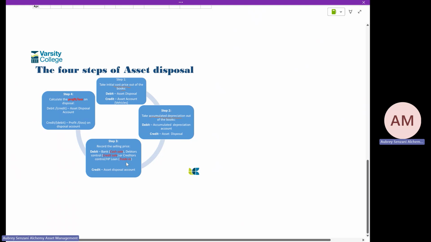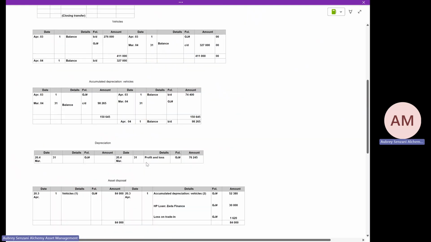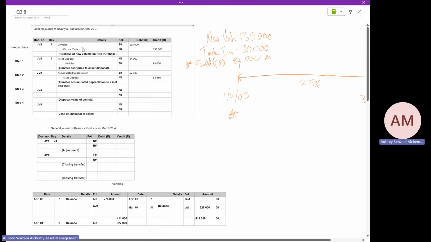So here we're going to debit HP loan ZEDA. Why are we debiting that? Because we're reducing the balance of what is owed to ZEDA financing. Remember, the value of this vehicle is 135,000, but because we've brought a vehicle to trade in, it means we're decreasing.